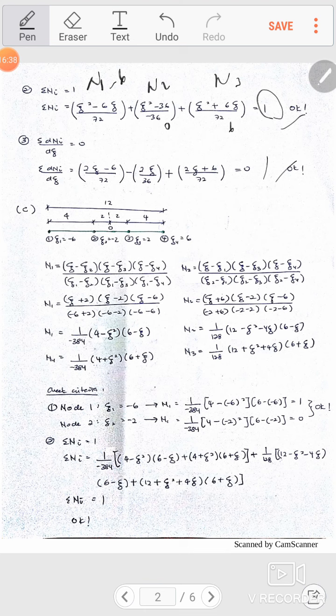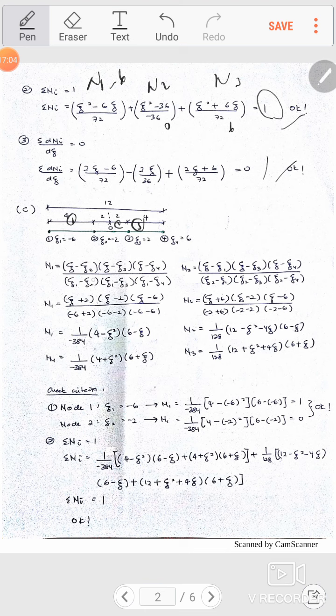So let's go to question number 6, C. In question C, I have 3 elements. So here element number 1, element number 2, and element number 3. Okay, so I'm going to find the N1.